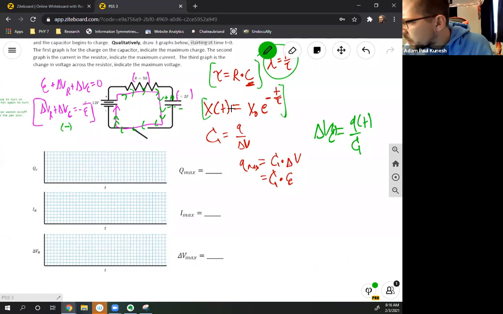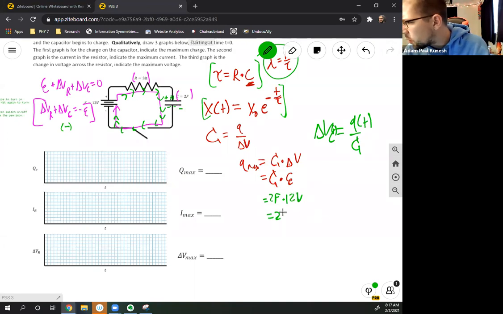Okay, so here we are. We've got Qmax is capacitance times battery voltage. I'm going to write that in so I know the asymptote on my graph. So Qmax is C times the battery voltage. The capacitance of my capacitor is 2 farads. So with numbers, this is 2 farads times the battery voltage of 12 volts.